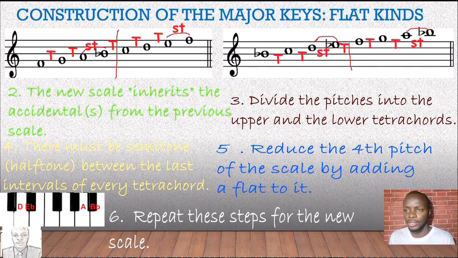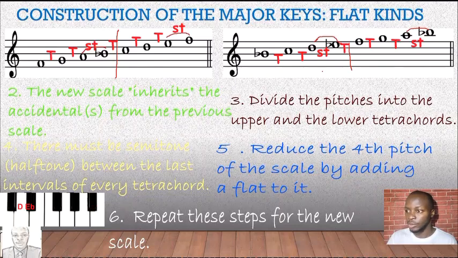So in B flat, you have two flats, which are on B, the tonic, and the subdominant E, right? You have two pitches that are flattened in B flat major, not three. You should not mix it up. It's not three, because the first B flat is the same as the last B flat, right?